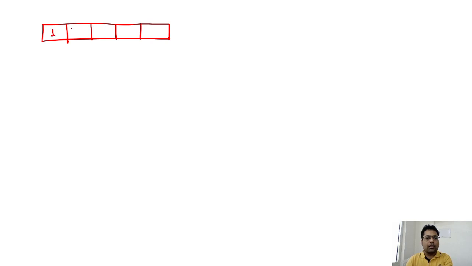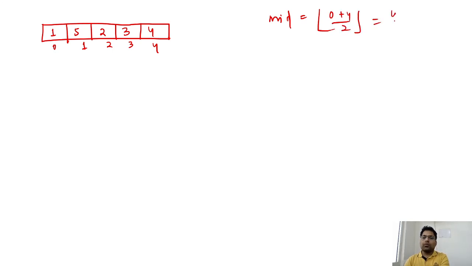Here it is 1, here it is 5, here it is 2, here it is 3, here it is 4. We know it's not sorted. So now you apply the same rule. The mid will be found out with the last plus the first, 0 plus 4 by 2, which is 4 by 2, will be 2.